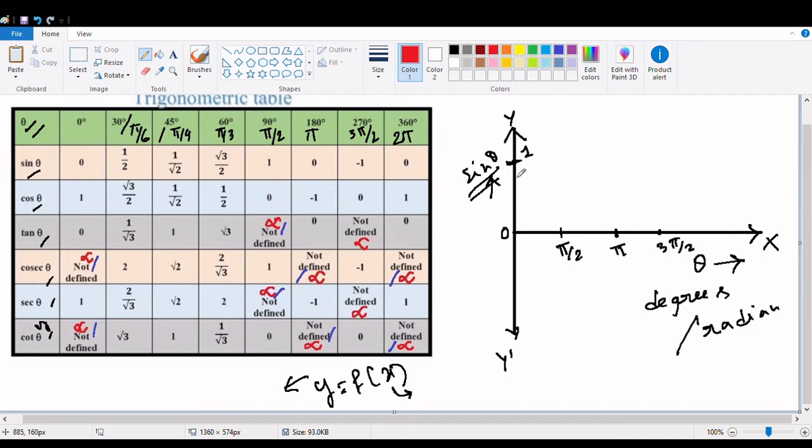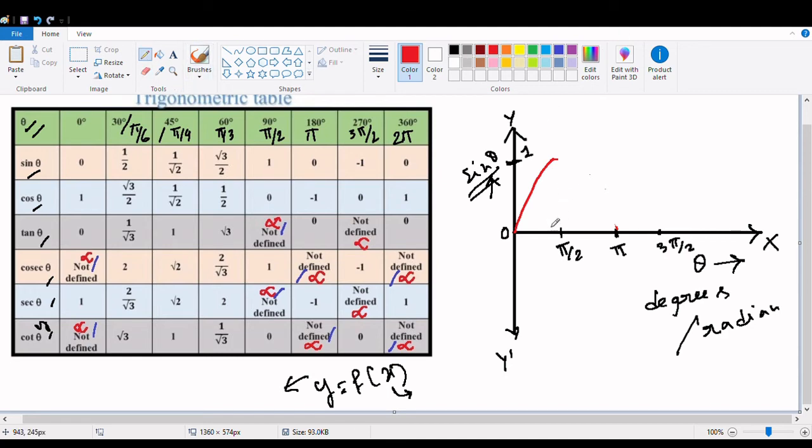So sin 0 is 0, sin 90 is 1. So it will start from 0, and it will achieve the value 1 when it reaches 90. Again, the value of sin theta will start decreasing as soon as it crosses that value of theta, and it will achieve the value 0 when it becomes pi.